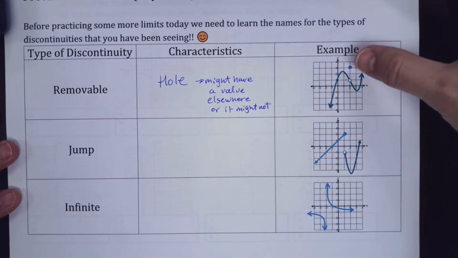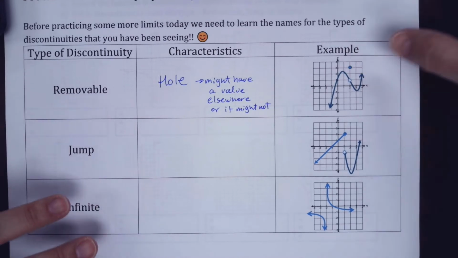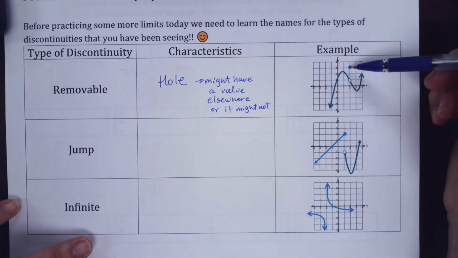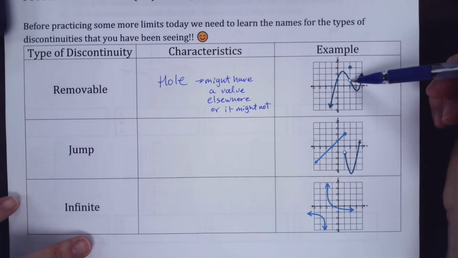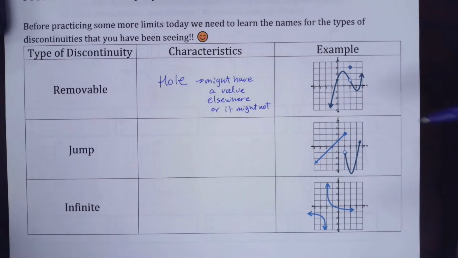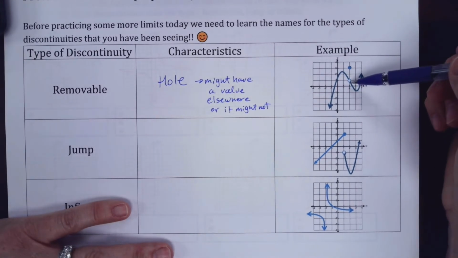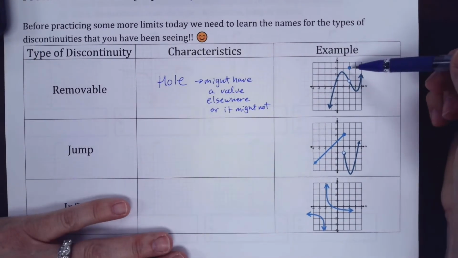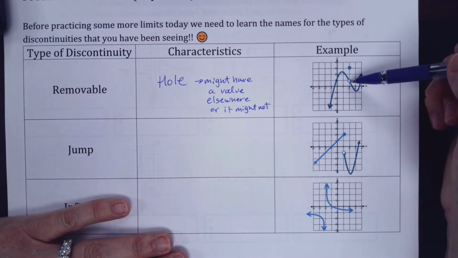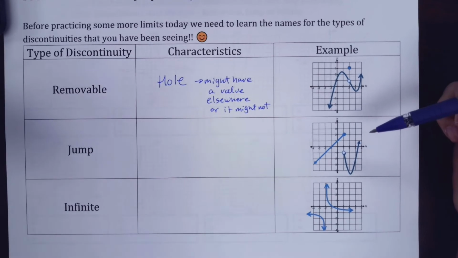So like if this point was not here, that would be fine. That would still be called removable, because what would happen if the hole was filled in? So I could remove the hole by naming a point right here. Okay, so by saying, oh, there's a point on the graph at (2, 1). So it just so happens that this point does not fill the hole, but even if it was filled, it would have still been a hole to begin with.